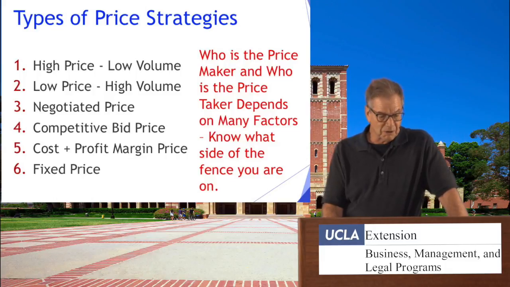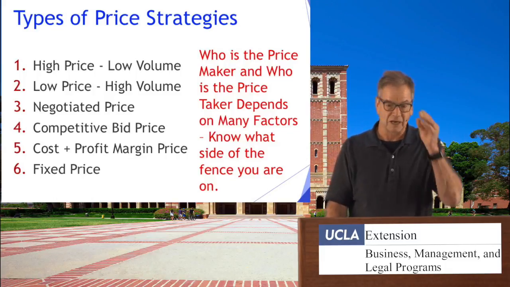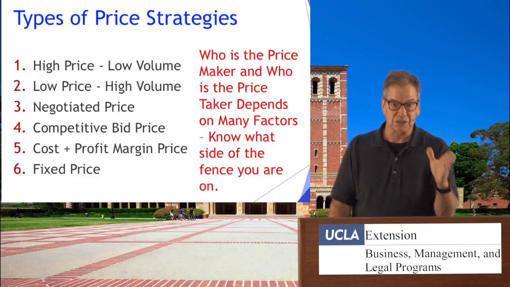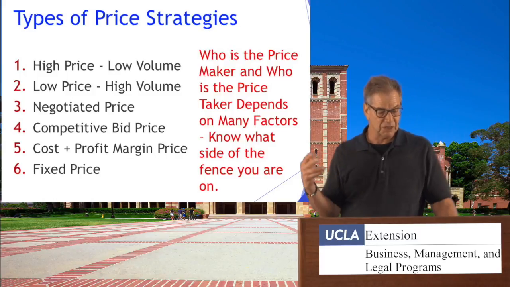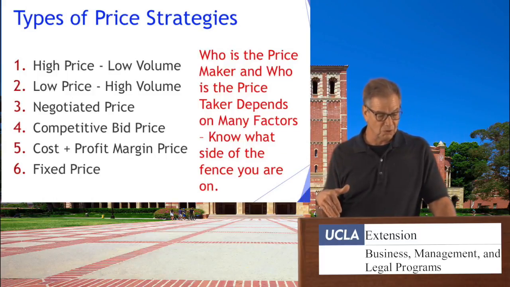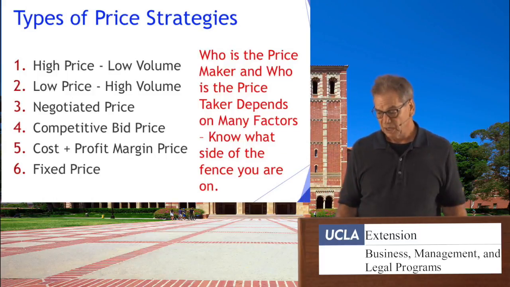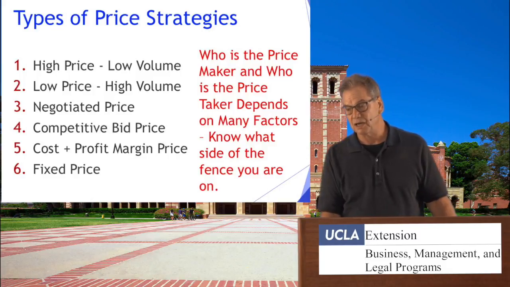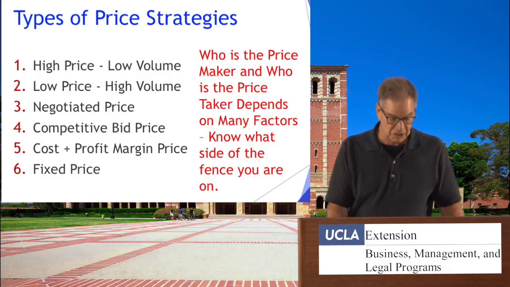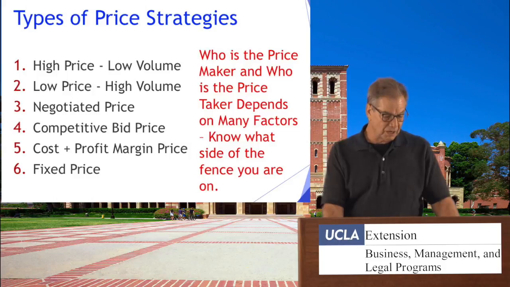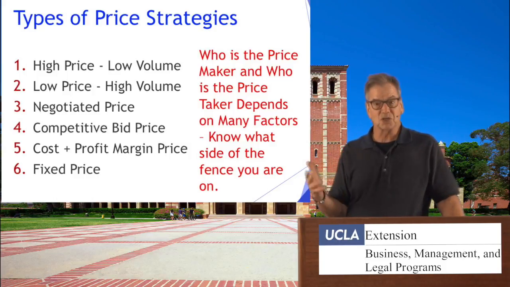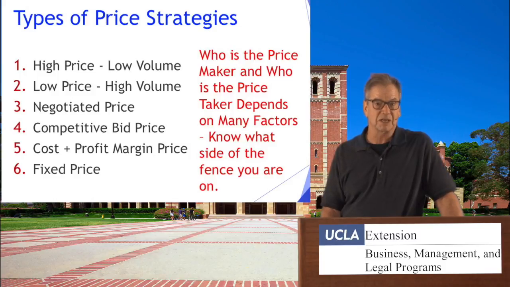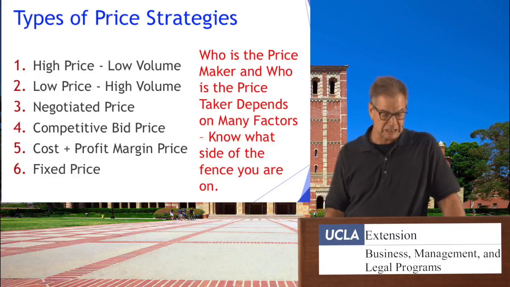These are basic types of price strategy, and every industry is different. No doubt one of these, such as high price, low volume, or low price, high volume, is going to be unique to your industry. And the type of price strategy that you go with is also going to be reflected in the mission statement of your business.